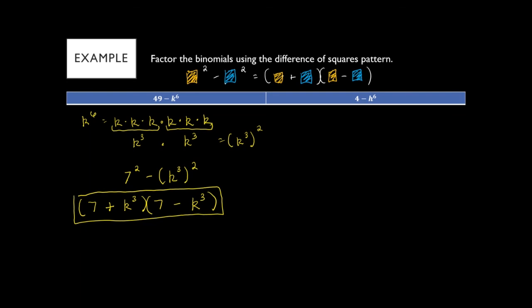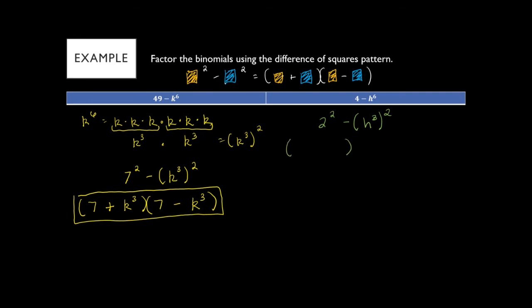And we'll do the same thing here on the right with the 4 minus h to the 6th. So 4 is 2 squared. And then we're going to rewrite the h to the 6th as h cubed squared.